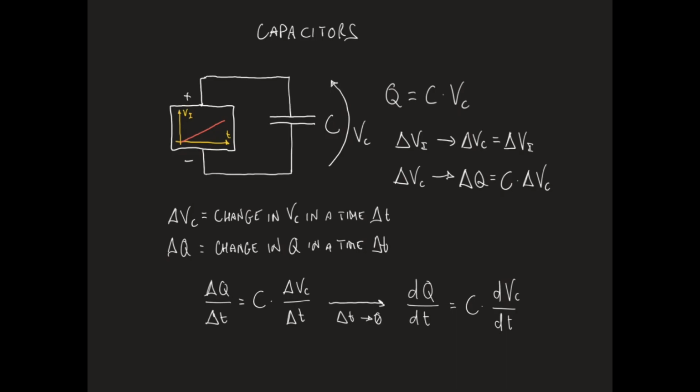By definition, the time derivative of the charge is a current, and in particular, this is the current IC flowing through the capacitor.